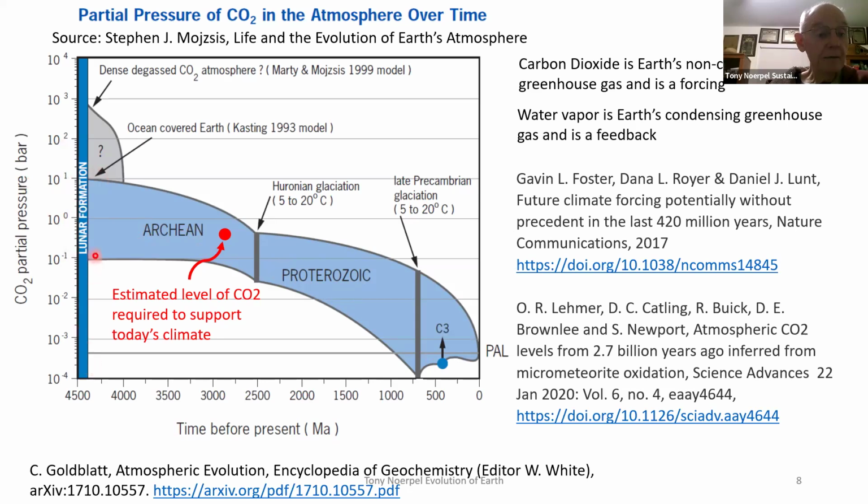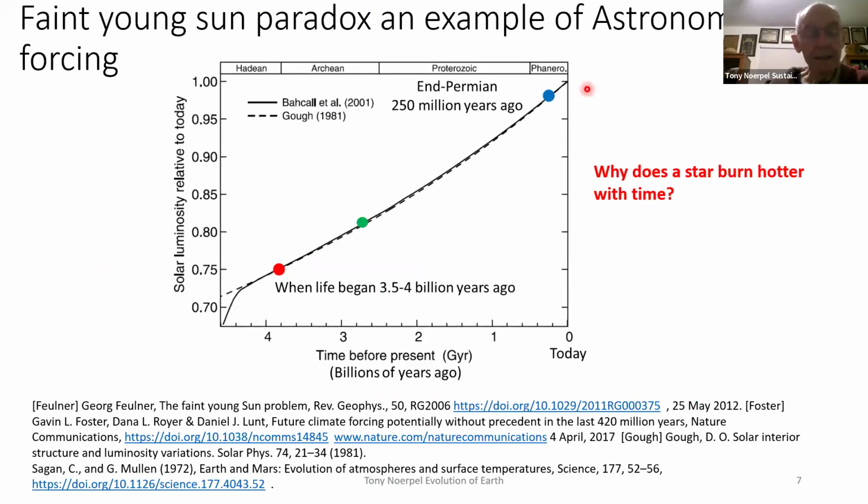Carbon dioxide in the atmosphere was between about three and four orders of magnitude, 1,000 and 10,000 times more the number of actual carbon dioxide molecules in the atmosphere. And again, they were needed to make up for the faint young sun. And the reason for these wide bands is, of course, carbon dioxide doesn't follow a nice path like this.